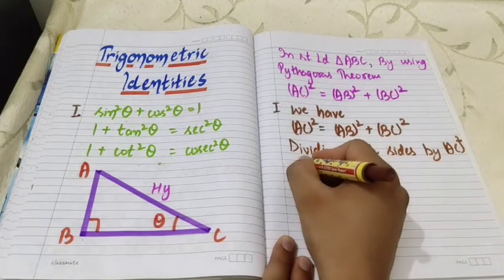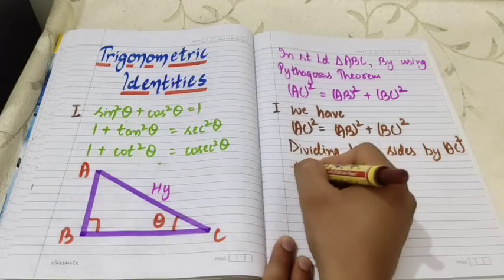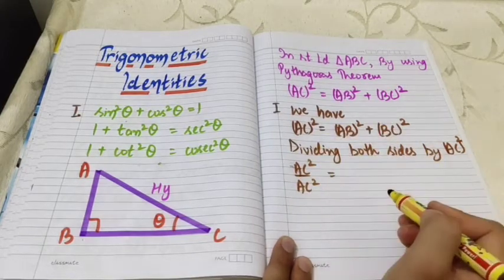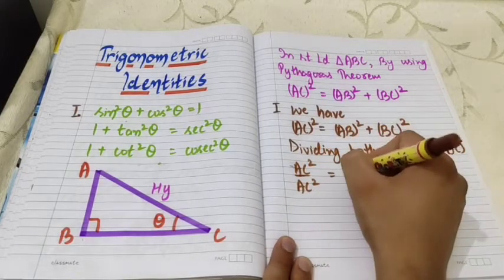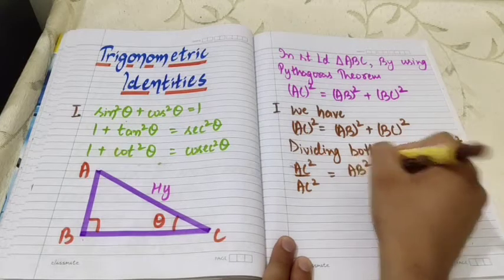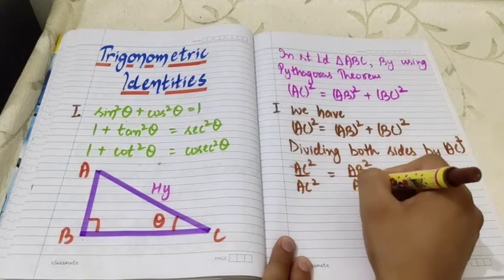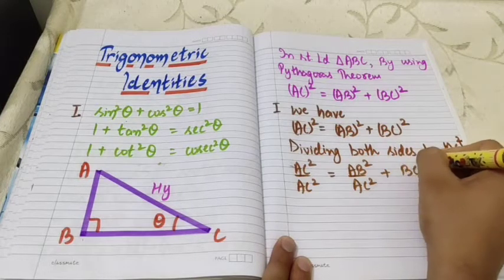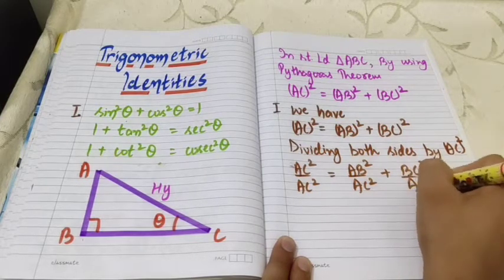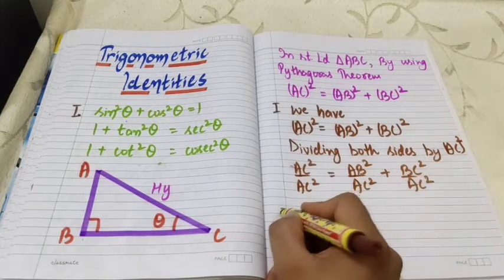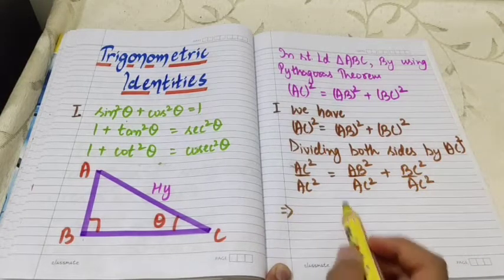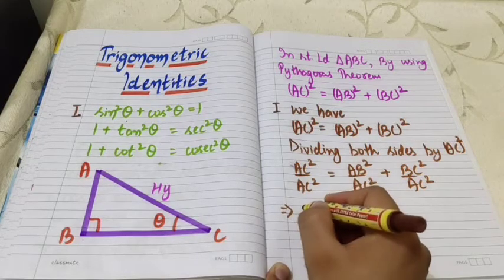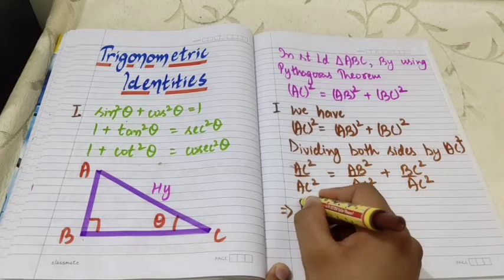So we get AC square divided by AC square on the left hand side. Right hand side will become AB square divided by AC square plus BC square divided by AC square. Now in the next step, AC square and AC square will get divided and we will be left with 1 only.